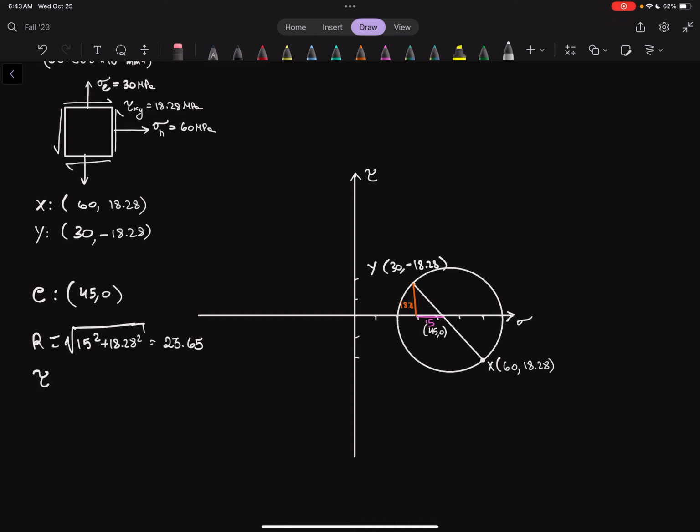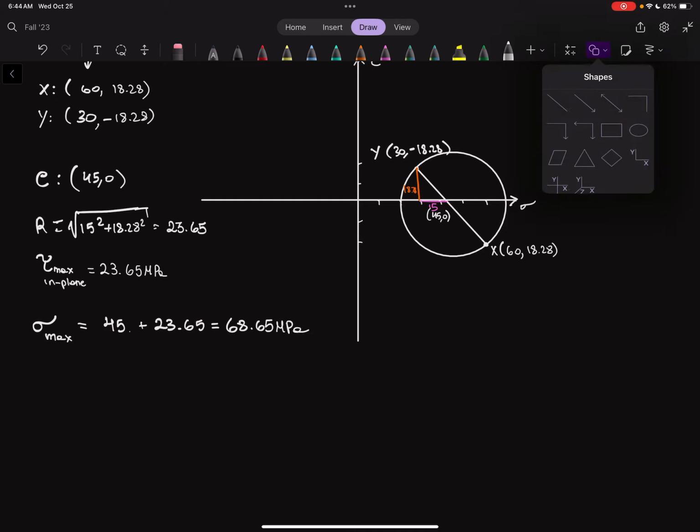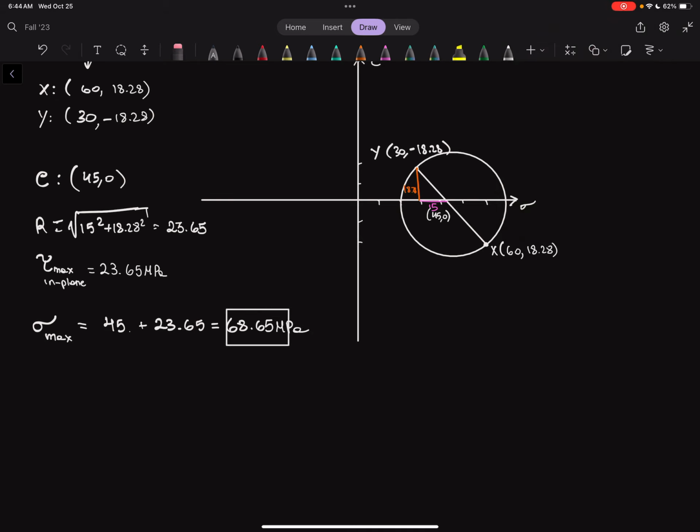And so tau max in plane is 23.65 megapascals. Now, sigma max is going to be 45 plus the radius, which is 23.65. So 68.65 megapascals, and that's the answer to my question A.